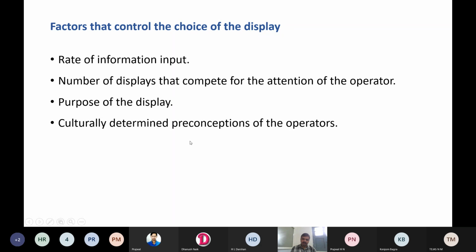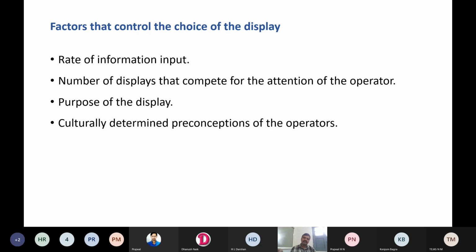Similarly, we are used to clockwise reading. So we read from left to right, we read clockwise, then we look from top to bottom, we don't look from bottom to top. Usually we look first from the top, then we move downwards.